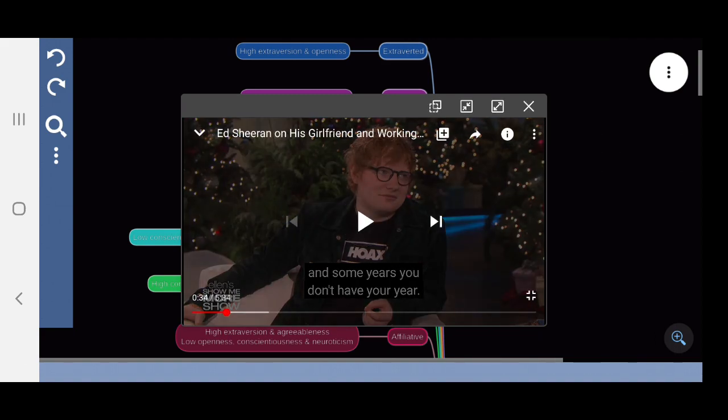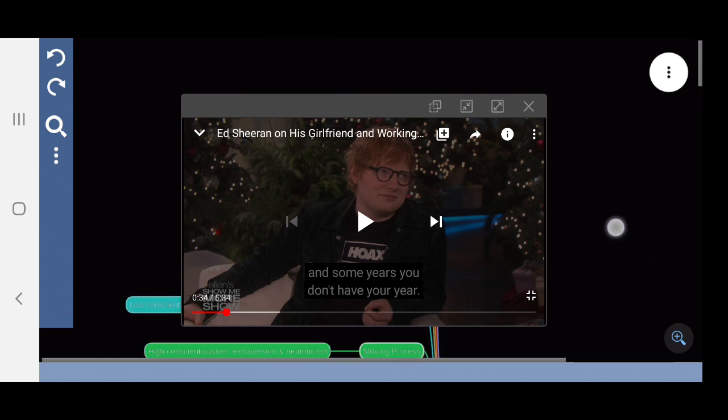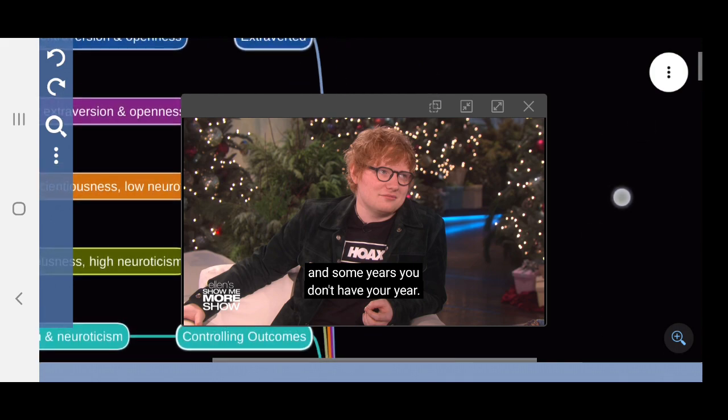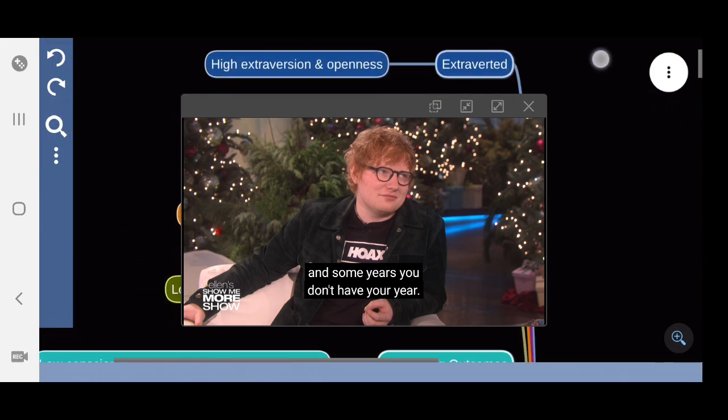Okay, so did he really answer the question? He did, right? So he seems more extroverted, but he could just be someone that has high extroversion. Even an INTJ can become extroverted if they have high extroversion and openness. But he seems very initiating so far. Like I said, sometimes some years you have, some years you don't.